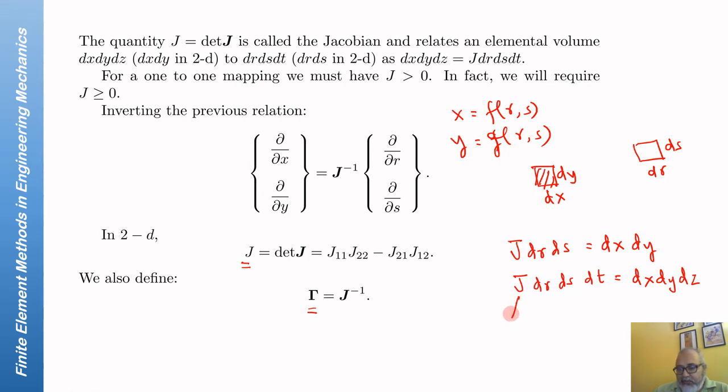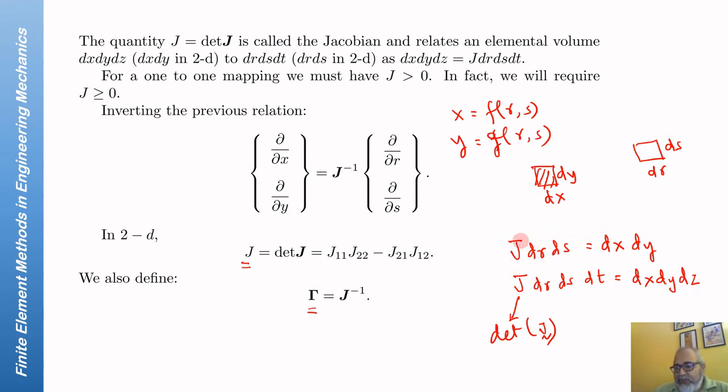So J, which is the determinant of the Jacobian matrix, is important for us because it is going to aid us in changing the variables of integration from xyz to rst. Now, two things are important here.